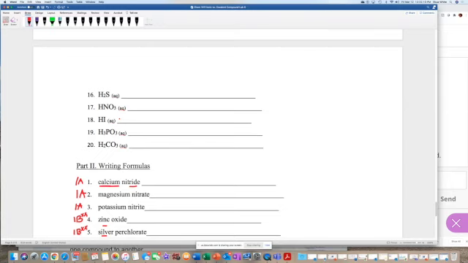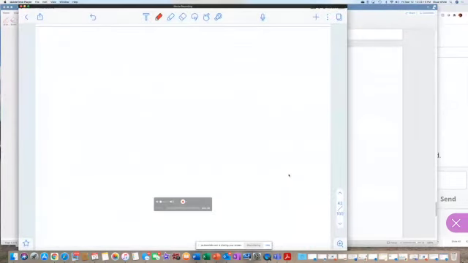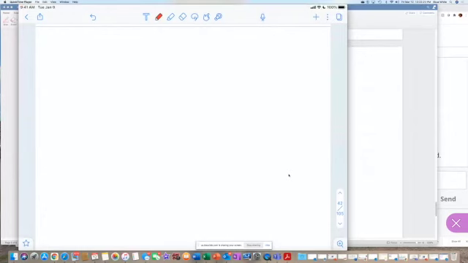So before we do this naming, I want to review a few acids. Let me go back to my iPad right here. When we're naming acids, we name the polyatomic anions first. So the oxy acids first.